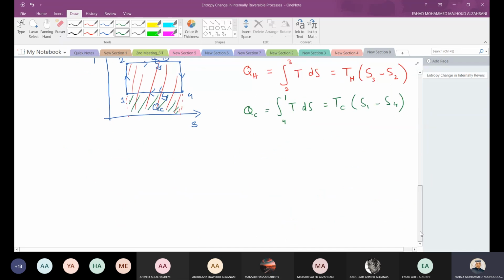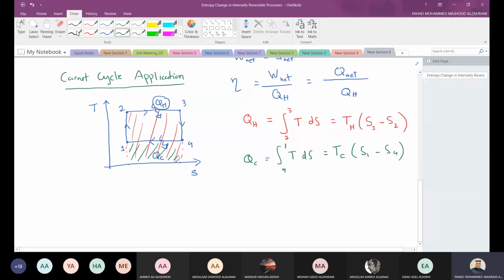Now what is the total QNet? QNet is basically kind of the total, right? So it's T hot times S3 minus S2, right? Plus, would be minus. No, I'm now going to tell you why I put from 4 to 1.